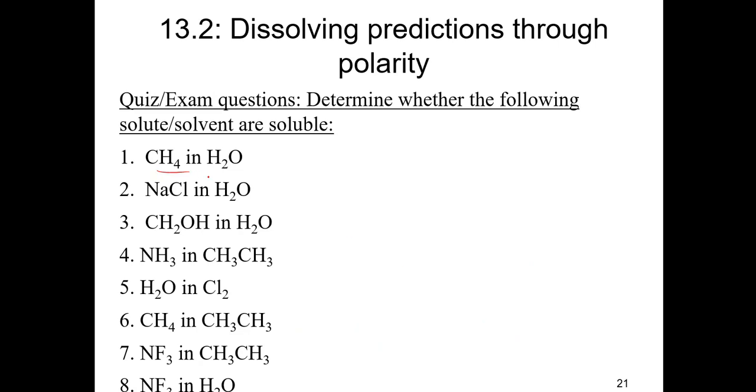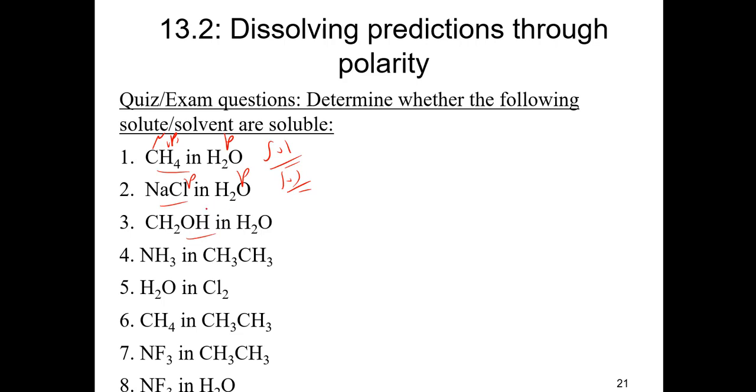So going through these really quick. Excuse me, that molecule right there, carbon tetrahydride, that's going to be London force. So that's going to be nonpolar. This is polar, and it's soluble. Ionic forces is polar, water is polar, soluble.